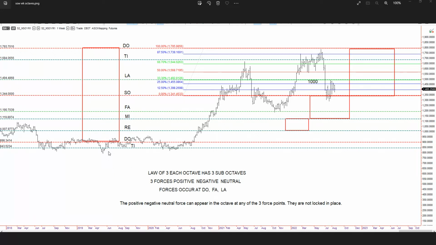The forces occur at the do, fa, and la points. So the positive, negative, and neutral force can appear in the octave at any of the 3 force points: do, fa, and la. These forces are not locked in place. They're locked in the fact that they are always at do, fa, and la, but they can switch their role.